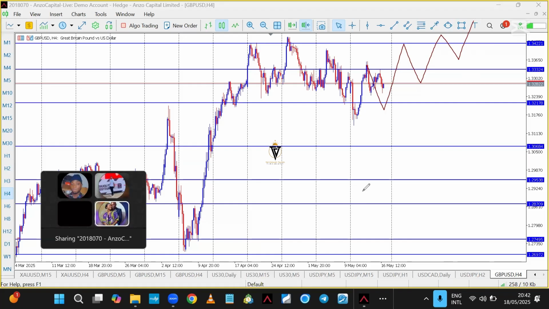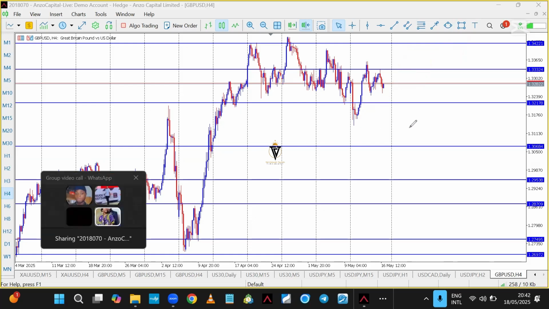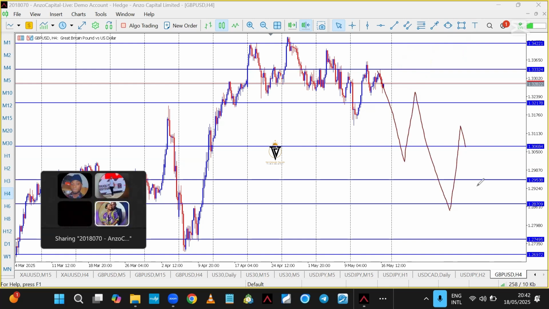So that's that. I'm considering two scenarios, but I'm strongly rooting for the sell side rather than the buy. Of course, it's GU.